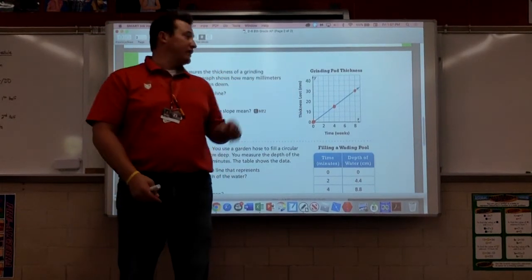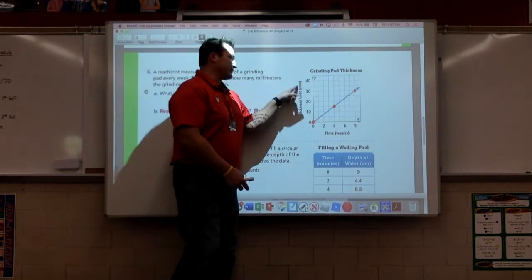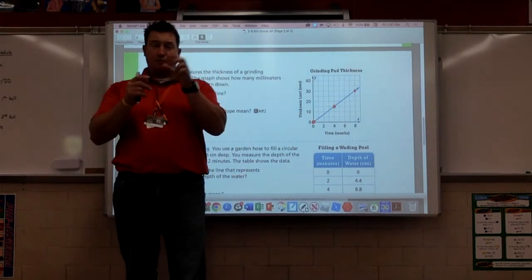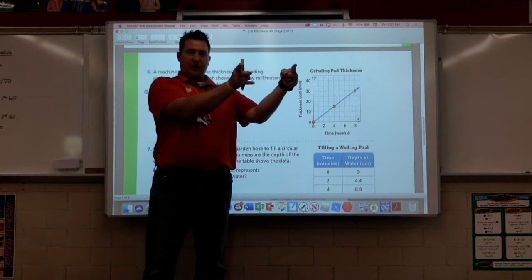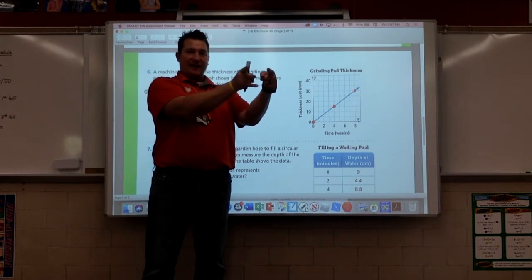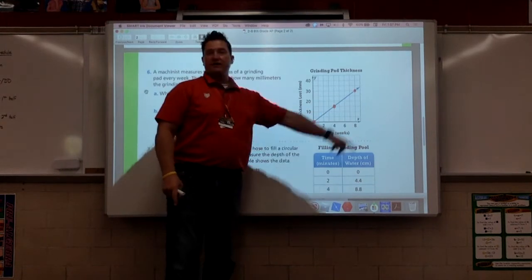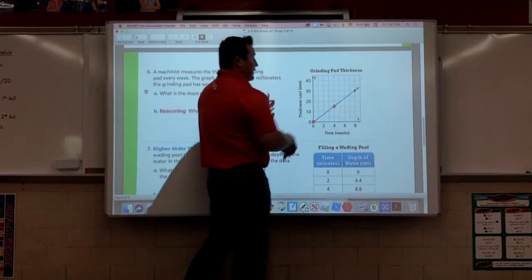So we are losing millimeters from the thickness, right? Before we've ground anything on this machine, it's perfect. We can think of our wheel as this thick, and then every week that goes by, that grinding wheel is losing thickness. That's why this line's going up. Gotcha.